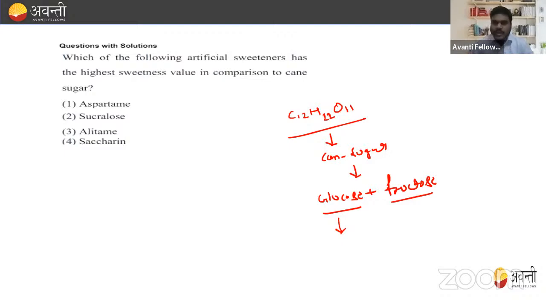Okay, if I'm talking about a healthy person, a person like you and me who does not have any diabetic issue or any sugar problem, then for you, which sugar is useful? A cane sugar or an artificial sugar? Definitely natural sugar or cane sugar is useful for you because it provides glucose, fructose, and also provides energy for you. If I'm talking about artificial sugar, they provide only taste.